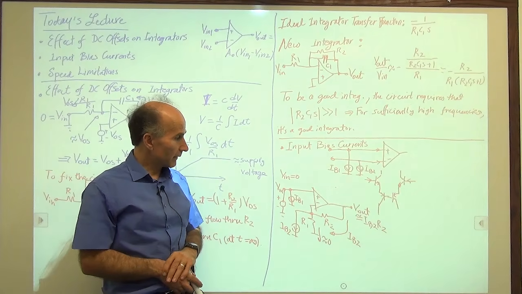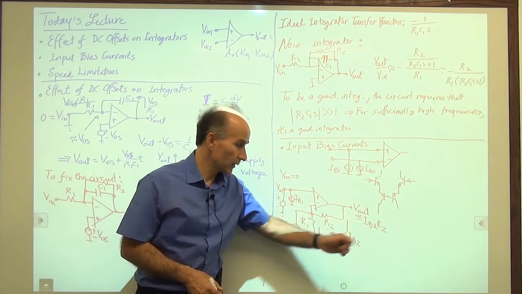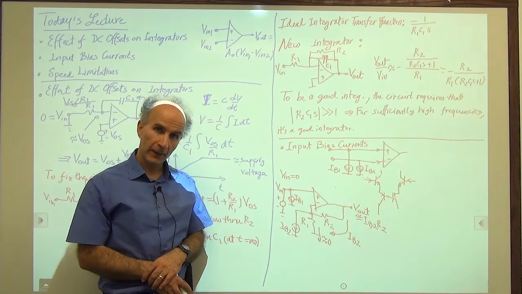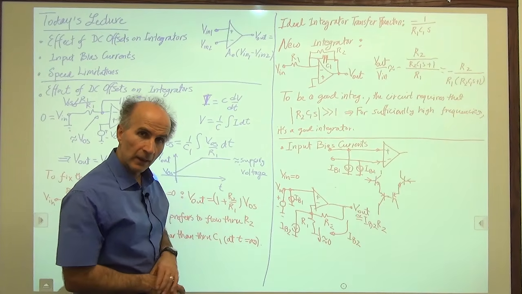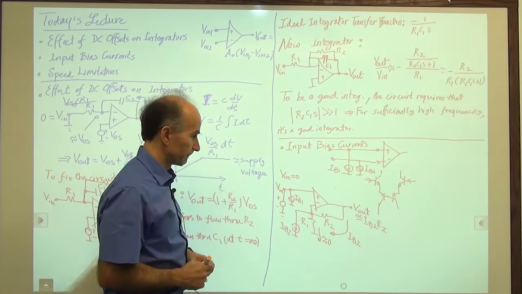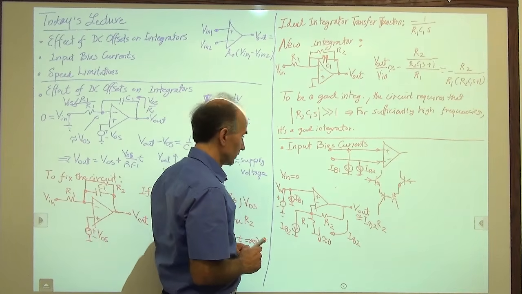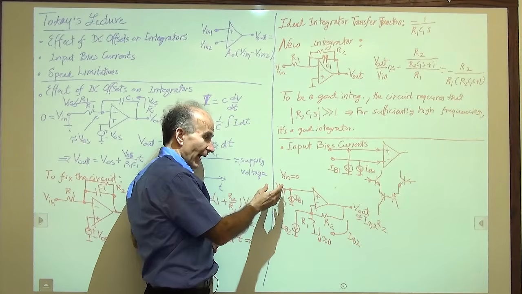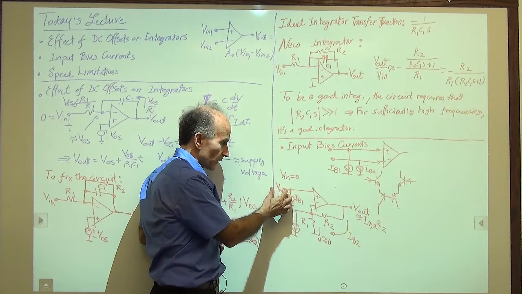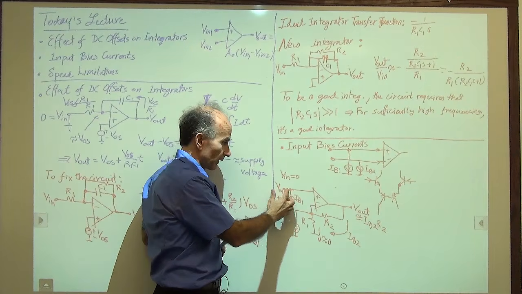Now it turns out that there's a quick fix so that this error is removed. I have a certain amount of voltage here, IB2 times R2. So what if I come from outside and add a little voltage source here? I know that this voltage source will be amplified by some factor.